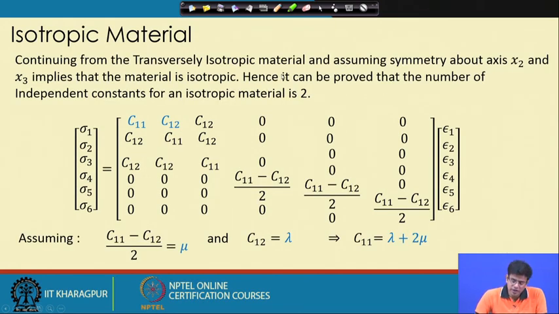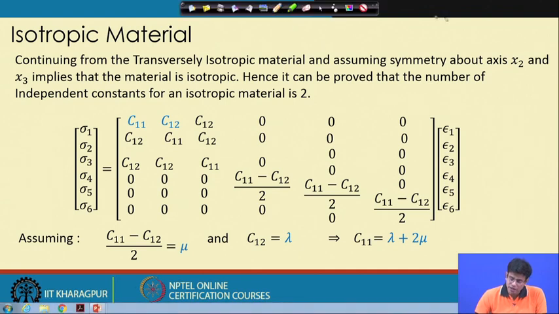We have assumed symmetry about the x1 axis, which means that the x2, x3 plane is my isotropic plane.